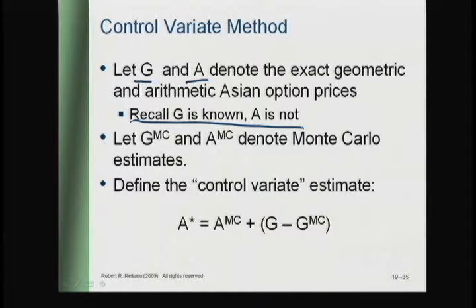So I can use a Monte Carlo estimate, say with 10,000 paths. And I can use those same 10,000 paths for an estimate of the geometric and the arithmetic. Now, I know the exact geometric price. I don't know the exact arithmetic price. So the idea of control variate would be to say, instead of using A_MC, the Monte Carlo estimate, let's change that estimate by adding the error in the geometric.